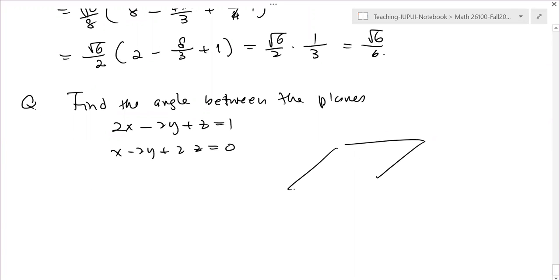So you draw the two planes. Okay, that's an intersection here. So this will be the angle, right? But how can I find the angle? Well, we will use the normal vector.